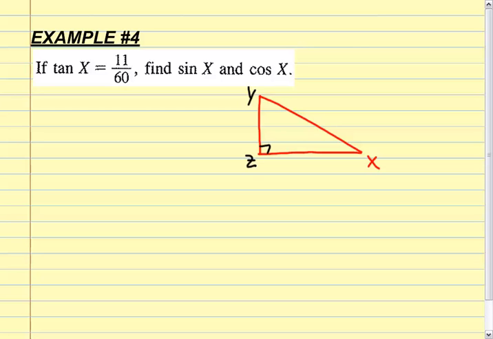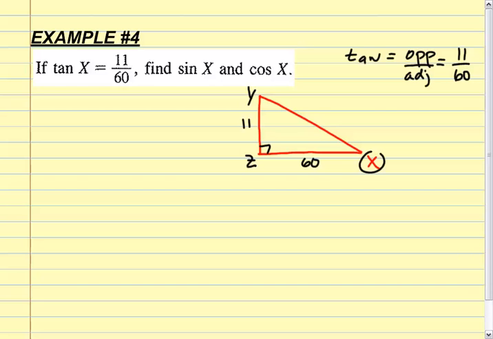Well, remember, tangent, SOHCAHTOA, is equal to opposite over adjacent. But this tangent is also 11 over 60. So I'm going to make the opposite side equal 11 and the adjacent side equal 60, because that's what tangent equals.